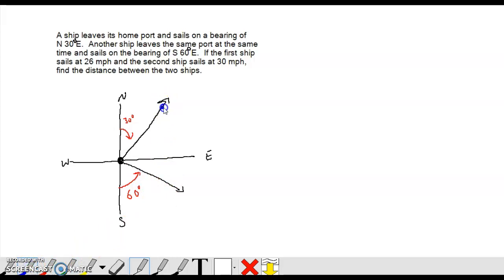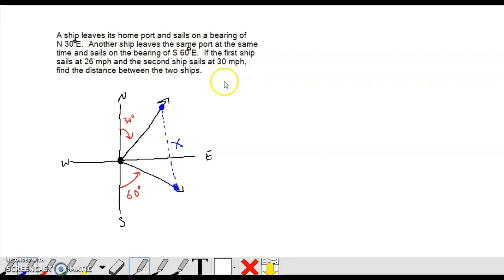Okay, here's one boat, here's the other boat. We want to find eventually the distance between these two boats, so I'll put a little X to mark the spot. What do we know? We know that the first ship sails at 26 miles per hour. I don't think I added how long.